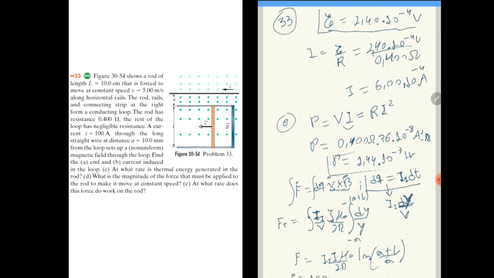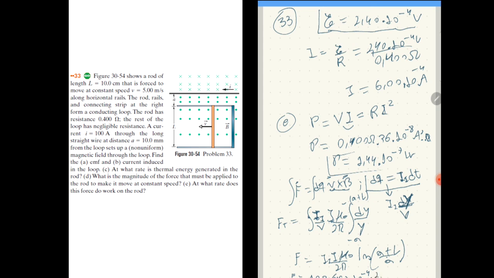There is a current of 100 ampere. 6, I'll not put the units. The magnetic permeability is 4 pi times 10 to the -7 divided by 2 pi.